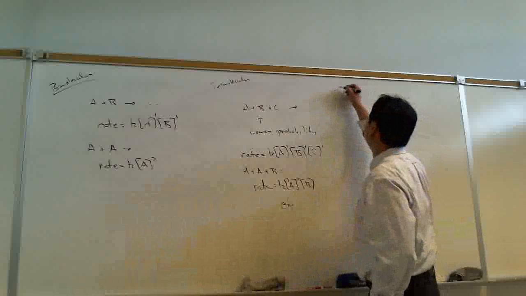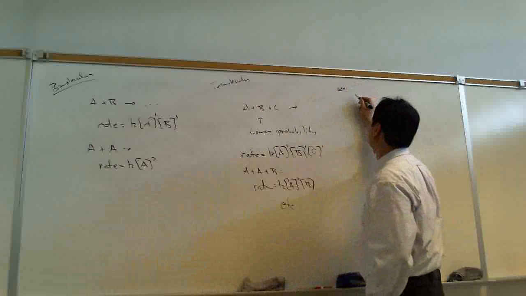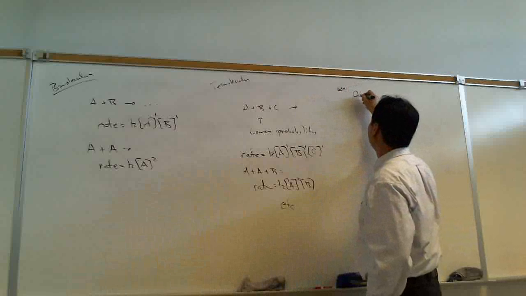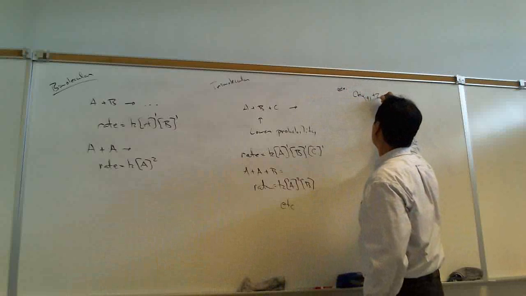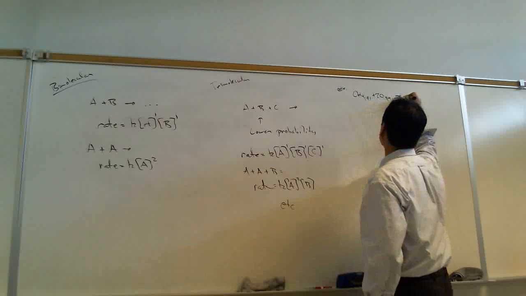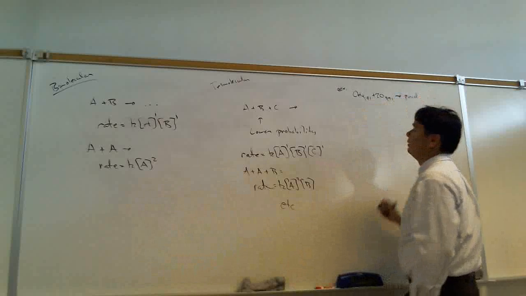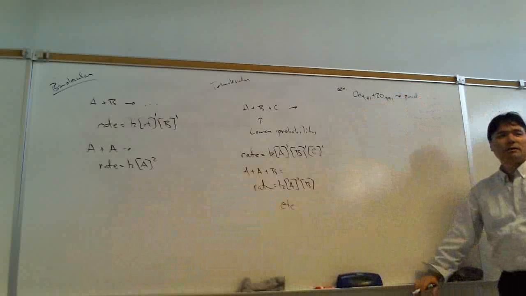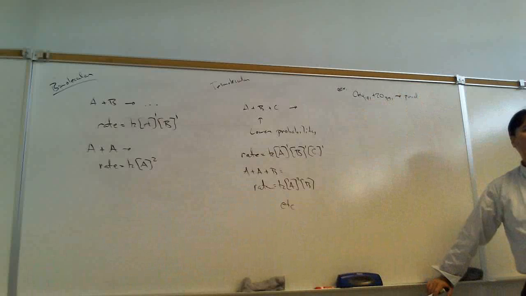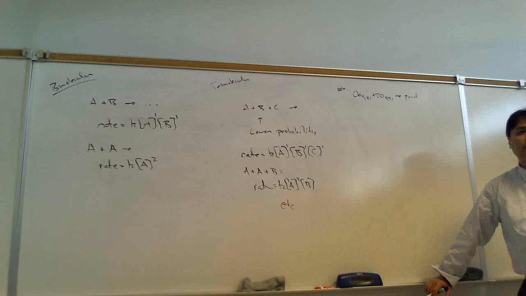For example, if I look at methane, CH4 gas plus 2 O2 gas yields product. Is this a simple collision or something more complicated? You can't tell necessarily by looking at it. Right?